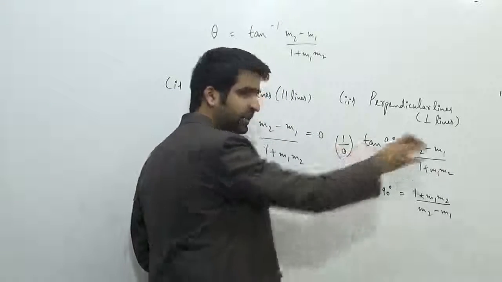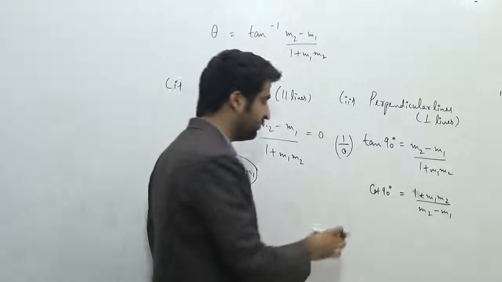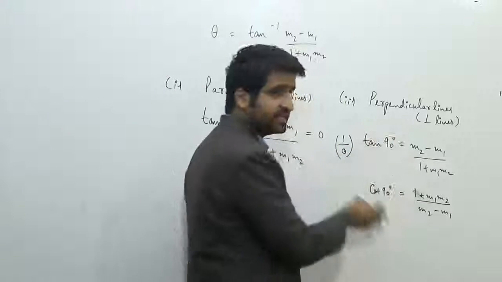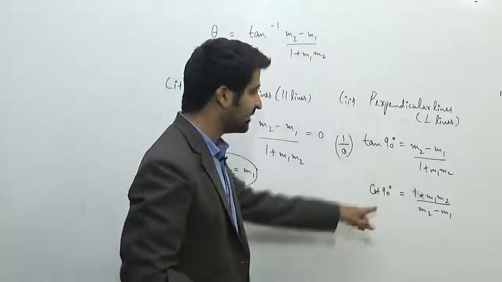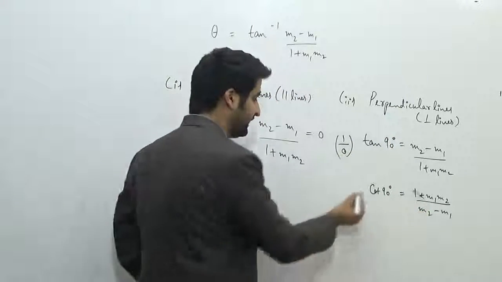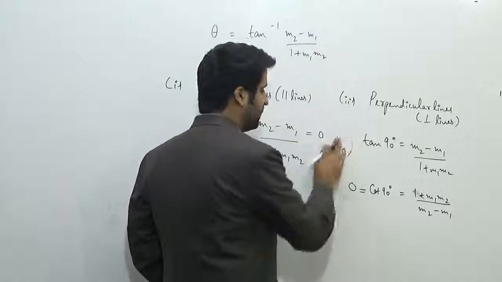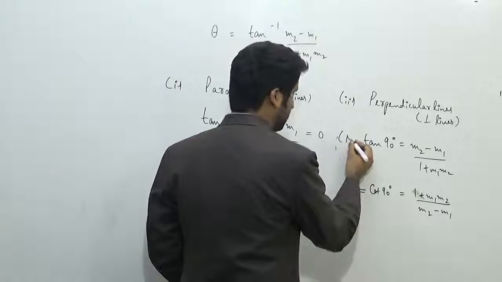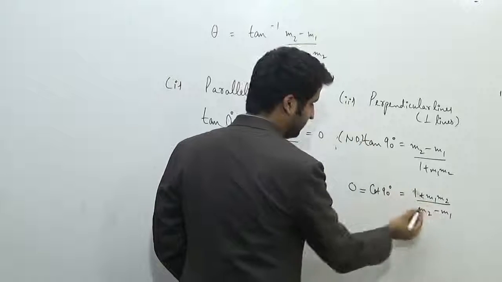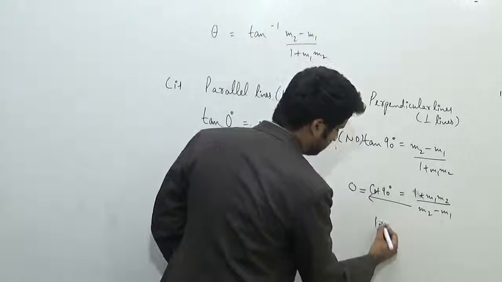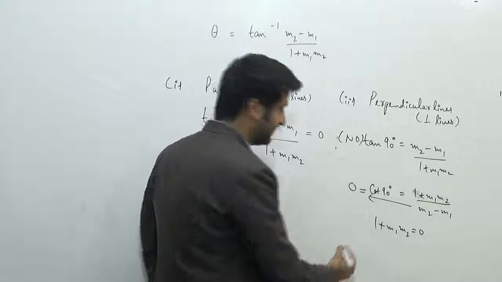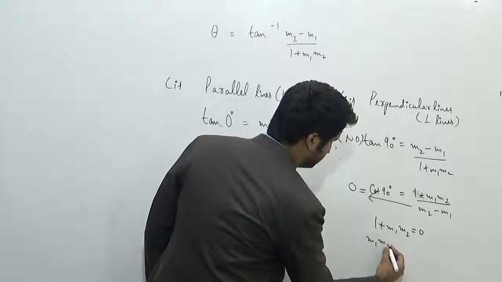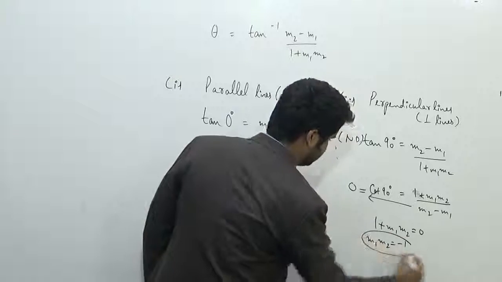Not defined values we do not operate with. So what we do is operate with the reciprocal. If we take the reciprocal of tan 90, this comes out to be 0, which is nothing but cot 90. So we can simply say that in this case 1 plus m1 m2 is equal to 0, or m1 m2 is equal to minus 1.